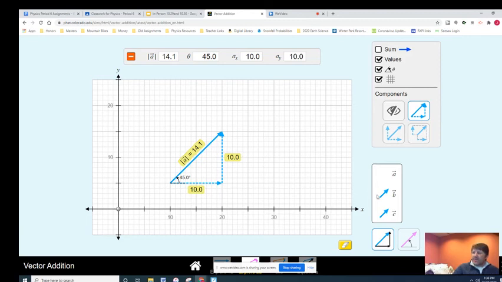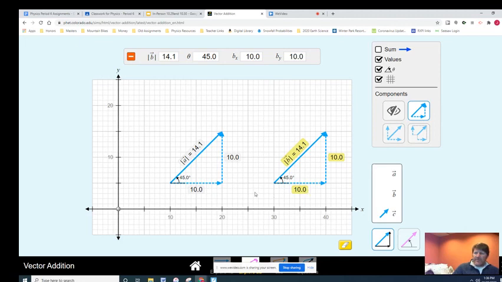And then I'm going to pull on another one, and I'm going to make this one the same, 10 and 10. And so when I did this, the cool thing is I can also click on sum. But before I do that, I'm going to show you something here. If you look at it in a 1D way, in my X components, I have, say, a 10 Newton force and a 10 Newton force in the X direction.